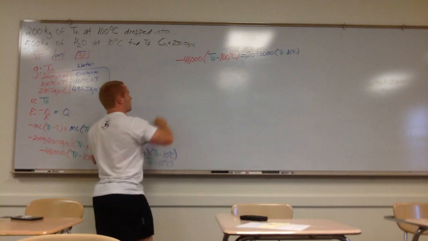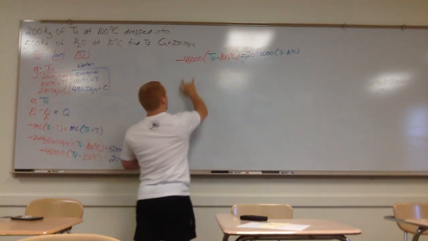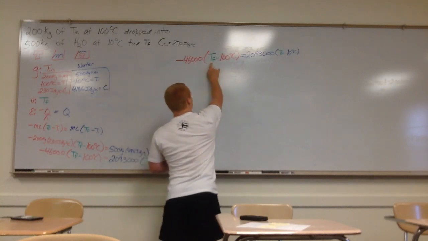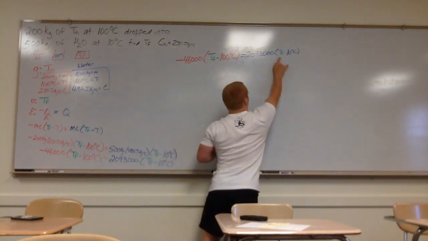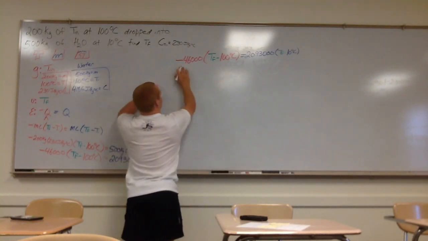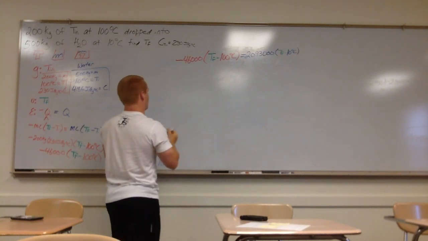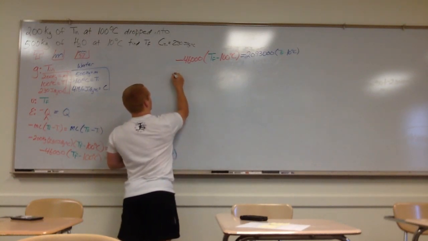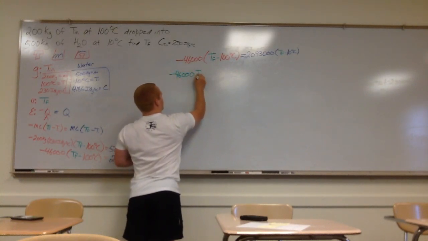So now I'm just going to distribute the number in front, or the coefficient. I'm going to take this number, distribute it here and here, and I'm actually going to do it on both sides. So we're going to have negative 46,000 times TF. It's actually pretty convenient because it's just going to be negative 46,000 TF.